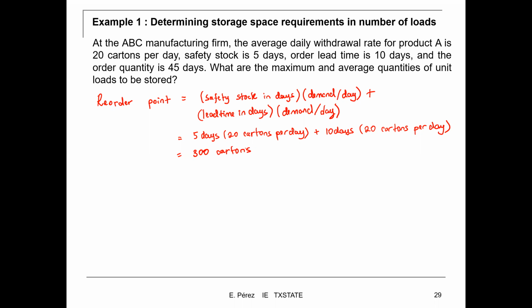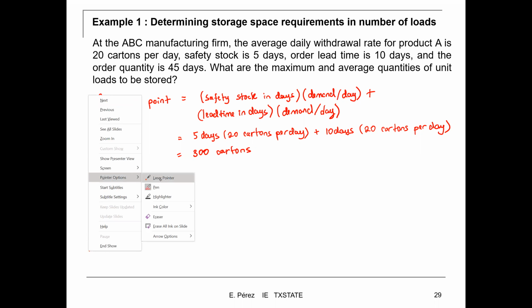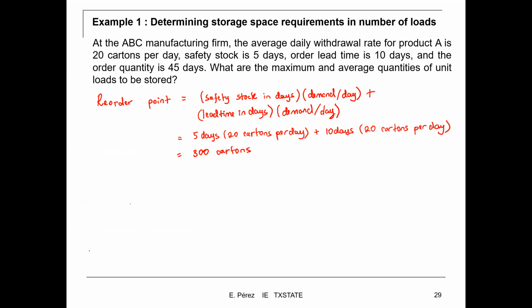The second parameter that we have to compute is the maximum quantity to be stored. The maximum quantity to be stored is equal to the safety stock plus the order quantity.